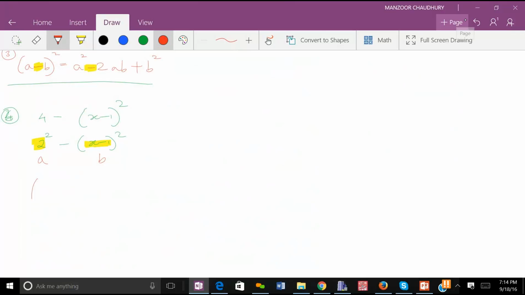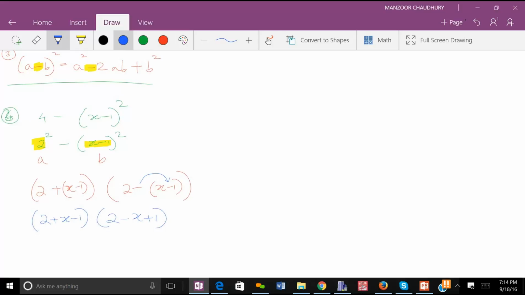You do 2 plus (x minus 1). You have to put it in the parentheses, otherwise you sometimes mess it up. This will be 2 minus (x minus 1). You know why I put this in the parentheses? Because, see this negative and negative, they kind of interact, they change the sign, right? The first one was 2 plus x minus 1. This one, 2 minus x plus 1.